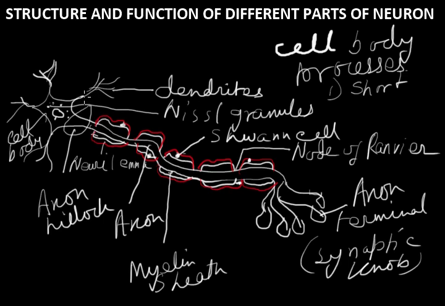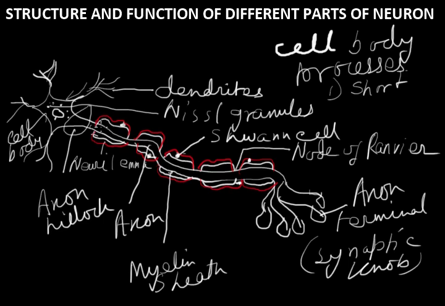The dendrons are the short processes of the neuron originating from the cell body, variable in number, and the function of the dendrons or dendrites is to receive electrochemical impulses from other neurons or sensory cells and to transmit them towards the cell body.